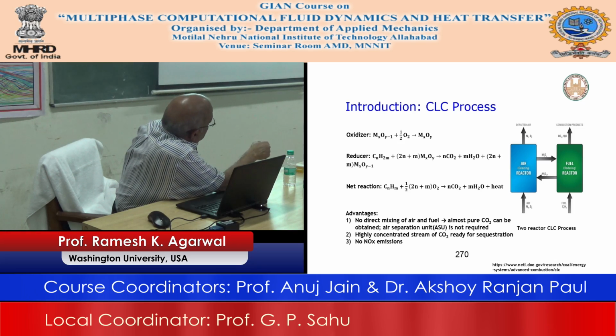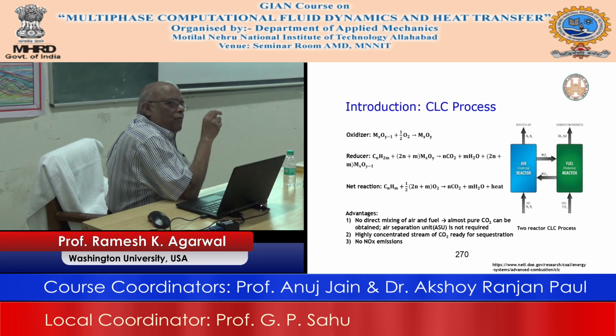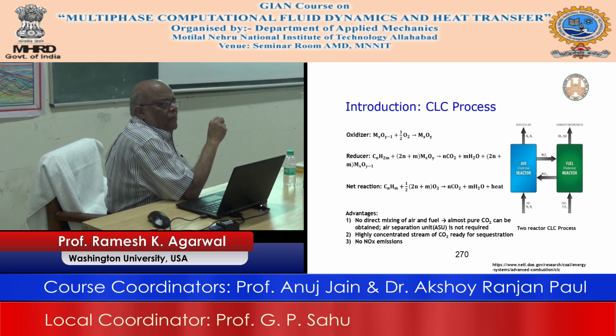Now, if you use the whole air, that consists of nitrogen. So what you do is take the coal and put in the oxygen carrier. The main component of it is hematite, Fe2O3, or Mn2O3, the manganese oxide, or cobalt oxide.